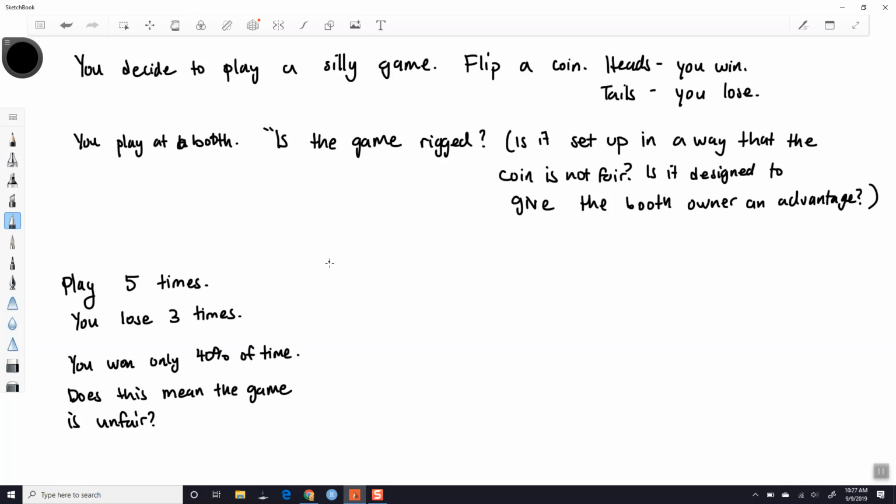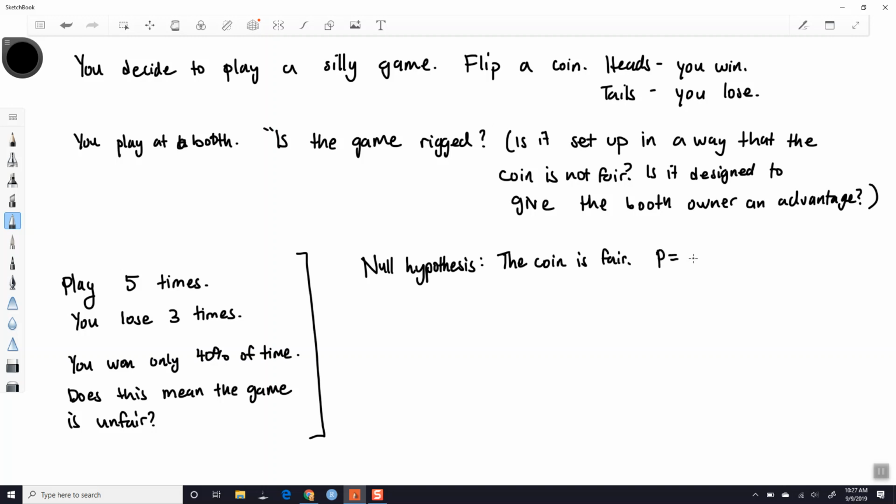And so here we ask, just from an objective standpoint, what would our null hypothesis be? We would say the null hypothesis is that the coin is fair.